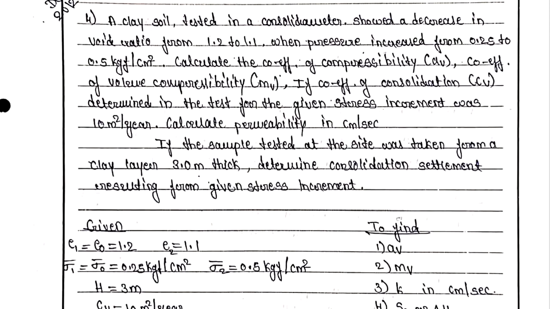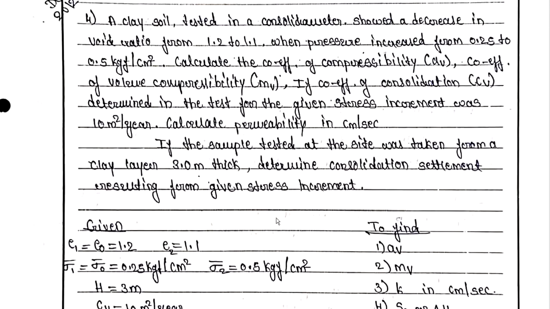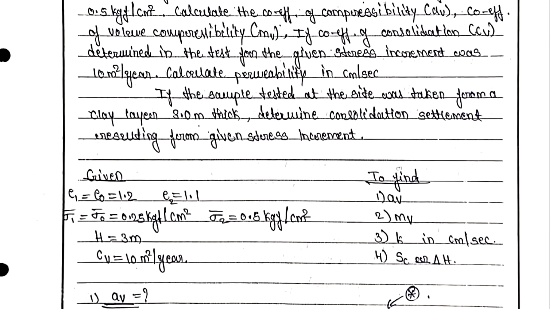You know, when we increase the load, the void ratio decreases in the consolidometer test, and you have seen the graph also. Next is sigma. The initial pressure was 0.25 and the final pressure was 0.5 kg per centimeter square. So they have given that pressure was increased from 0.25 to 0.5 kg per centimeter square.